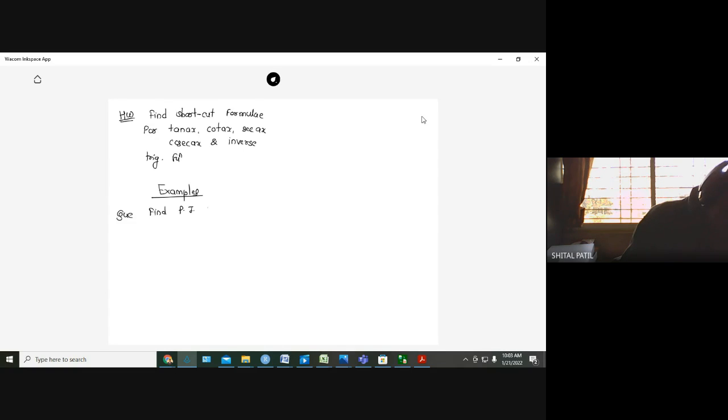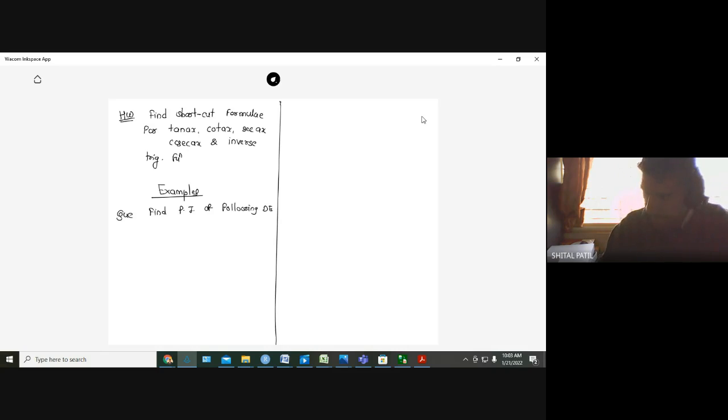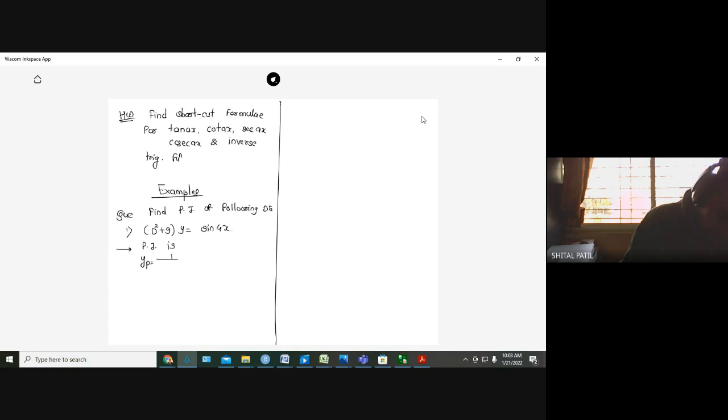Find the particular integral of the following. First example: sine of 4x.